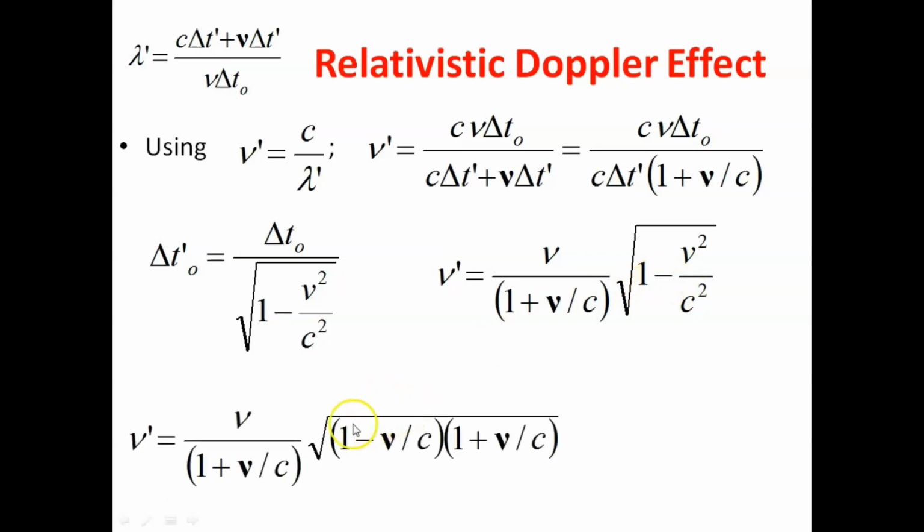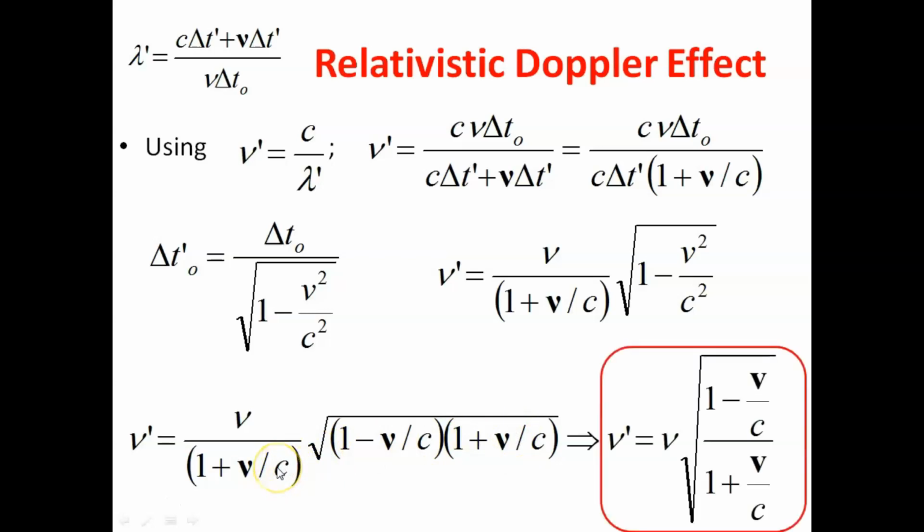By doing that, we have nu dash equal to nu divided by 1 plus beta under root 1 minus beta 1 plus beta. So this quantity can be taken into under root, it will be square, and 1 plus beta upon 1 plus beta, 1 quantity we can eliminate, and we can obtain a final formula: nu dash equal to nu times under root of 1 minus beta upon 1 plus beta.